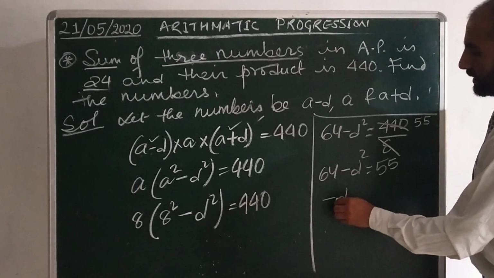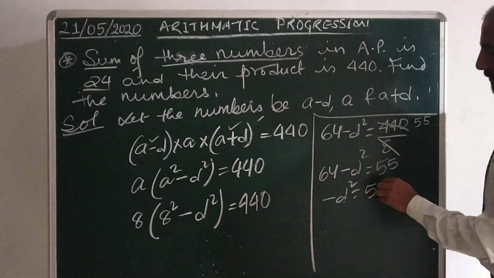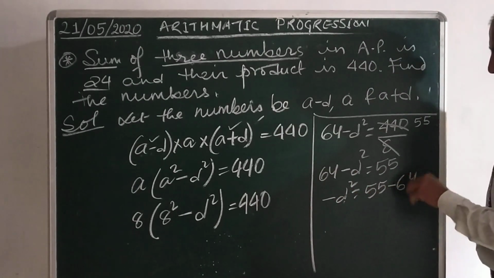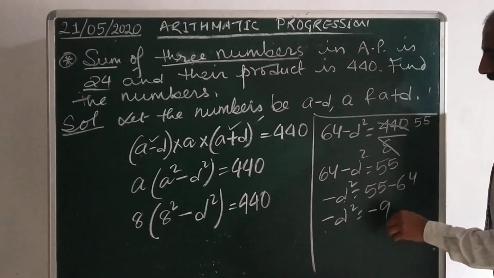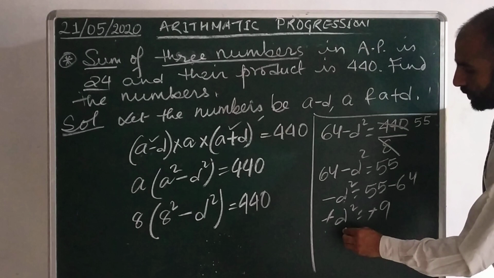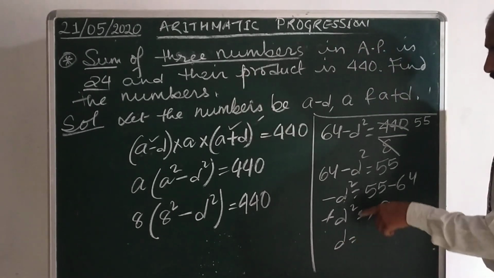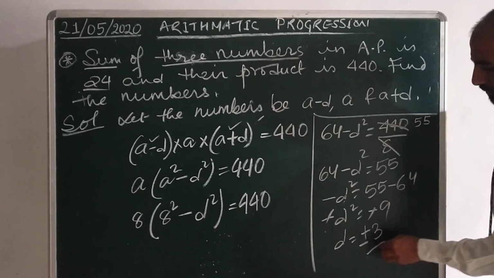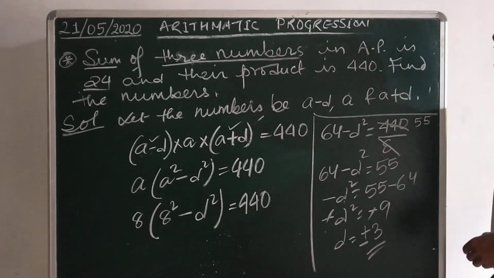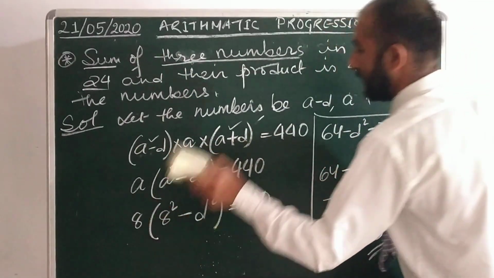That is minus D square equals 55 minus 64. Minus D square equals minus 9. Minus minus cancel. So D equals square root of 9, that is plus minus 3. So now we have got A and D. Let's write the AP.